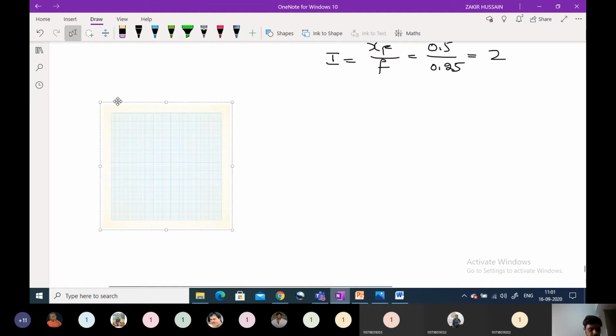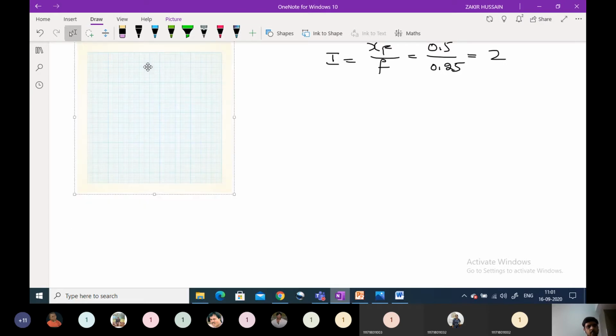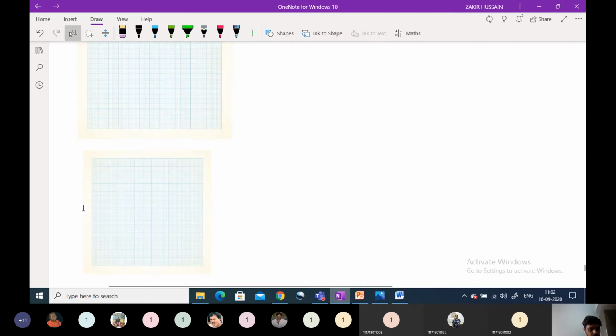This one is one. This is the second graph I'm taking.